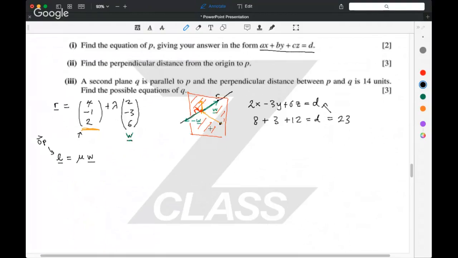So wherever I move W, even if it doesn't have to be where that line is, I could move W here, I could move it there. It's actually going the other way, but whatever. And it would always be perpendicular to the plane. So it will serve my purpose.